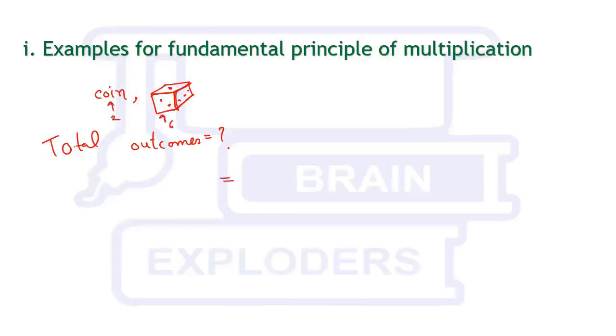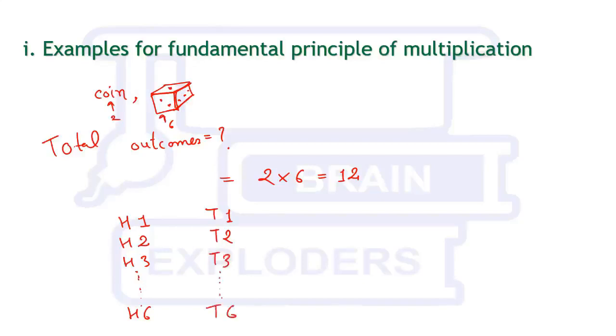So the total number of ways is 2 multiplied by 6, that is 12. Why? Because with the head we can get 1 on the die, with the head we can get 2 on the die, with the head we can get 3 on the die, and in this way there are 6 possibilities with the head. Similarly, there are 6 possibilities with the tail too. So in total, these are the pairs which can occur on the coin and die, so there are 12 total outcomes.